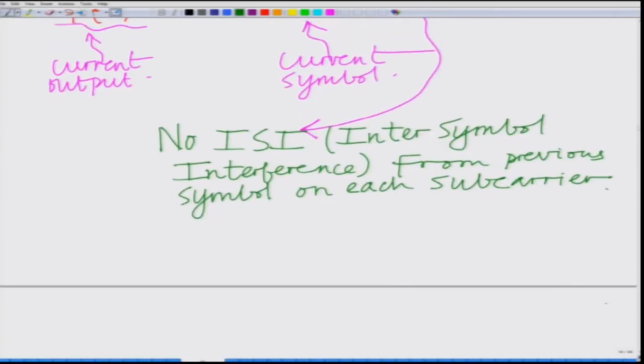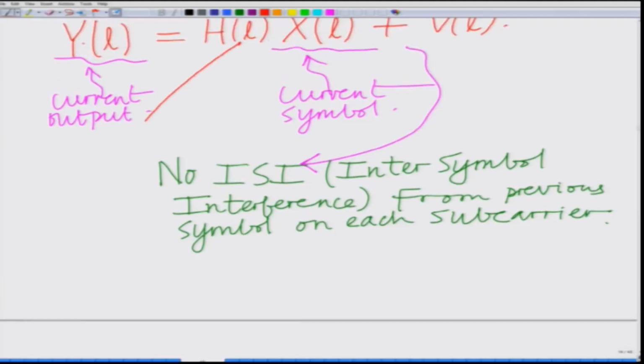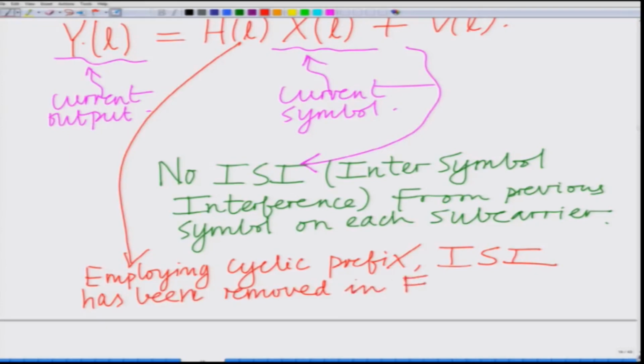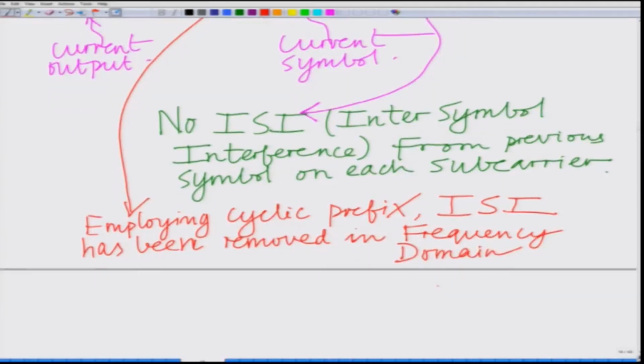So, basically to summarize, by employing the cyclic prefix, ISI has been removed in the frequency domain.